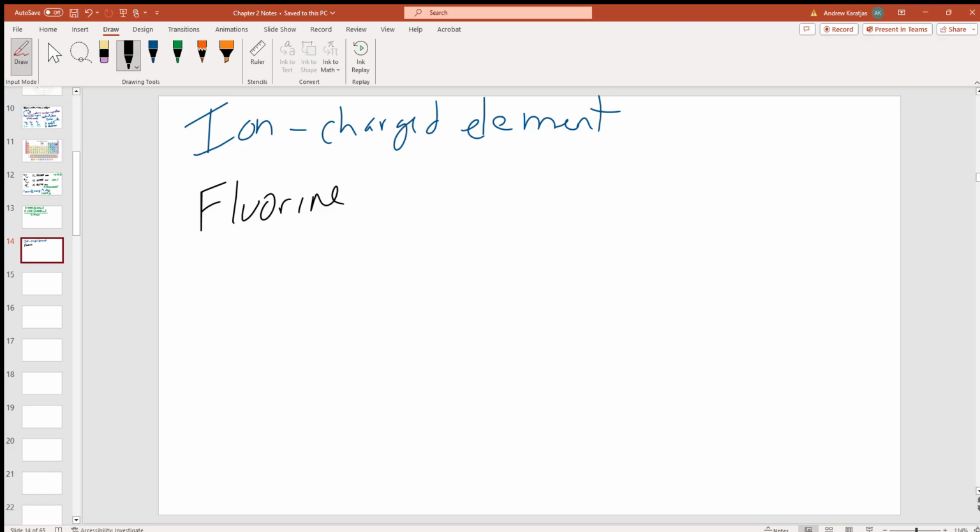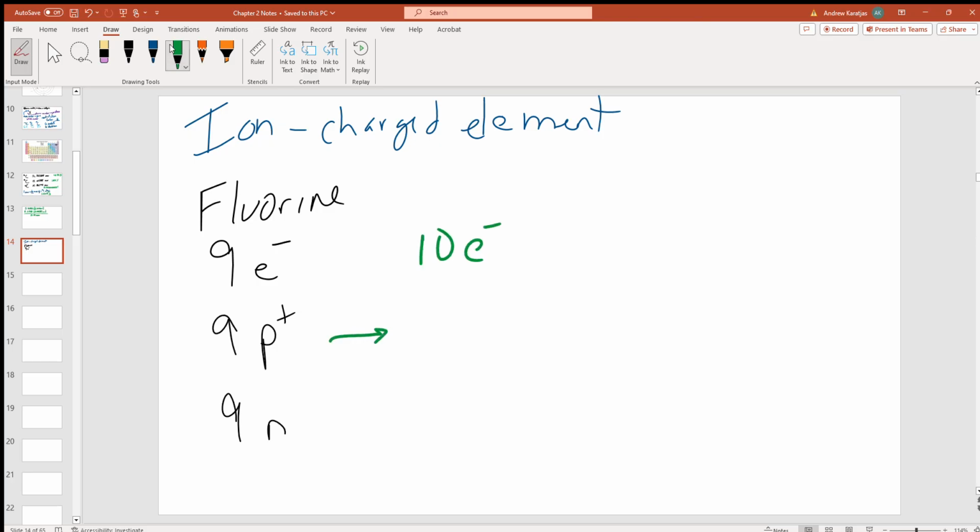So because it's atomic number 9, it has 9 electrons, 9 protons, and 9 neutrons. But what if we add an extra electron? So now we have 10 electrons, still 9 protons, and still 9 neutrons.